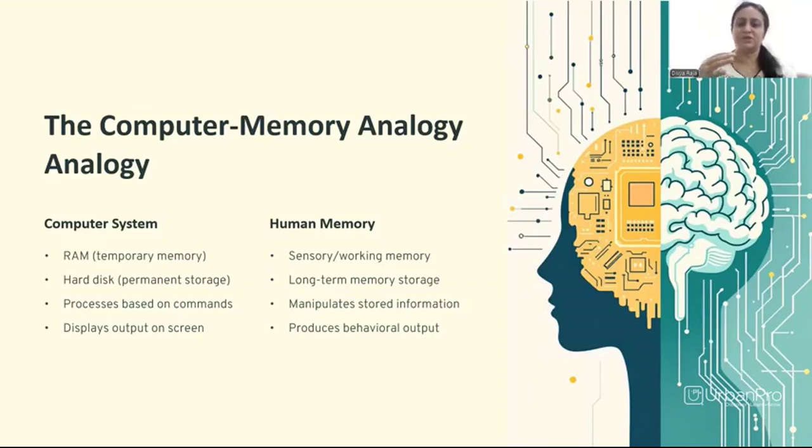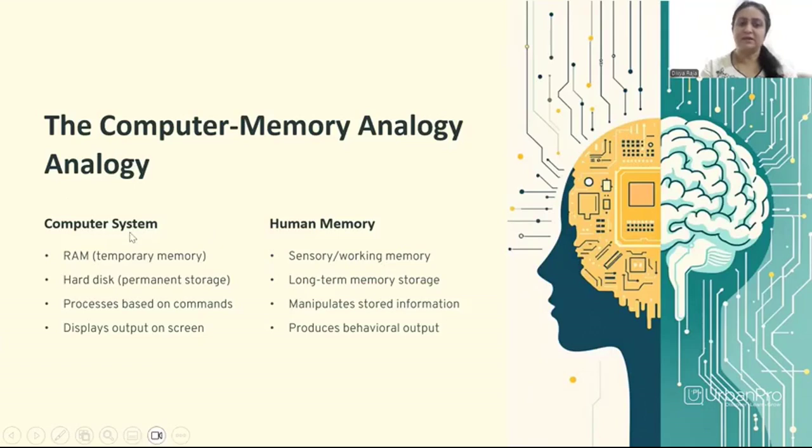But as research happened and with the advent of computers, they compared the computer system to human memory. They said that just like how a computer has a temporary memory, the random access memory, human memory has the sensory or working memory, which, as you know, holds information only for 1 second. So it's temporary.